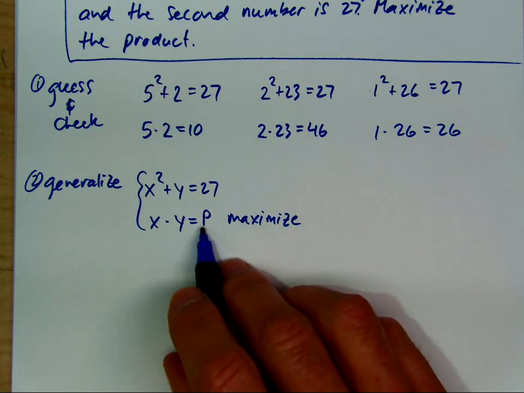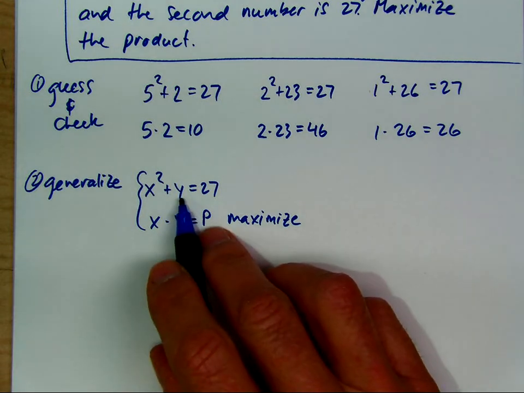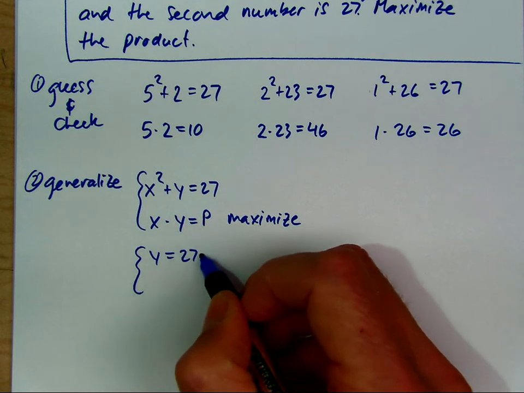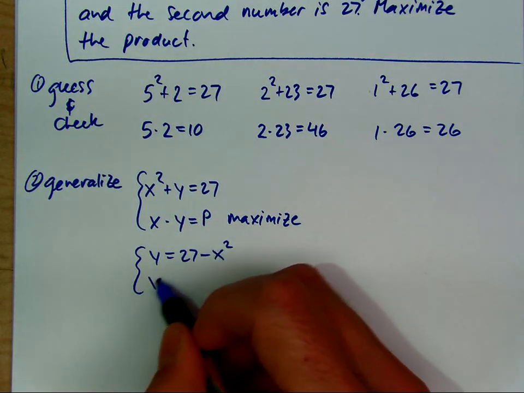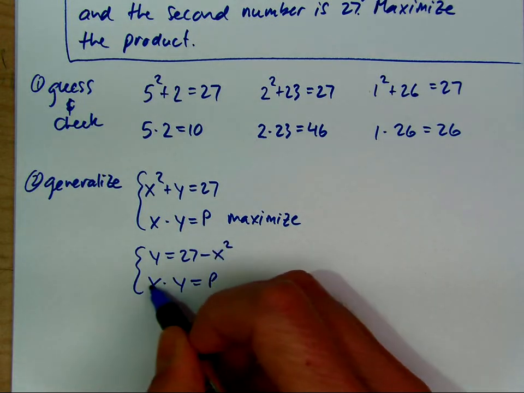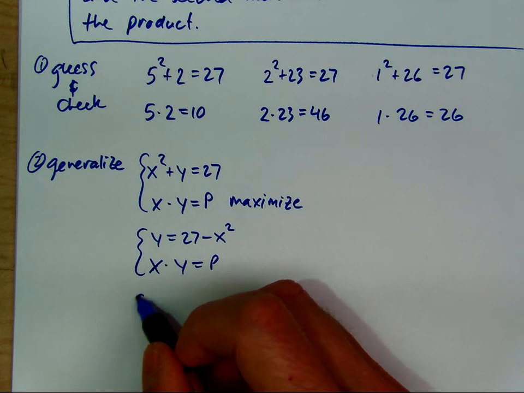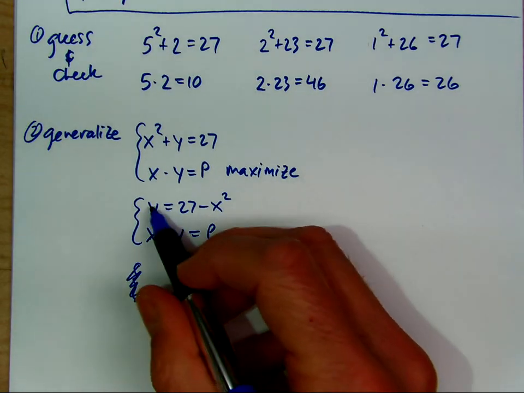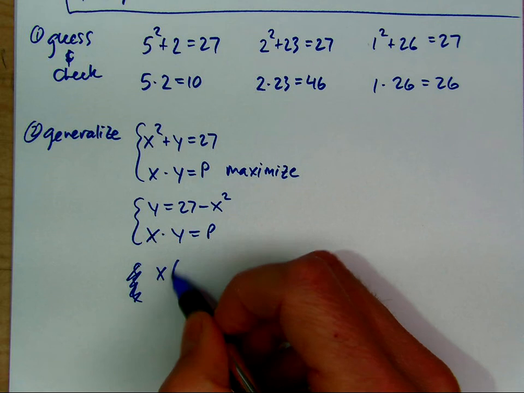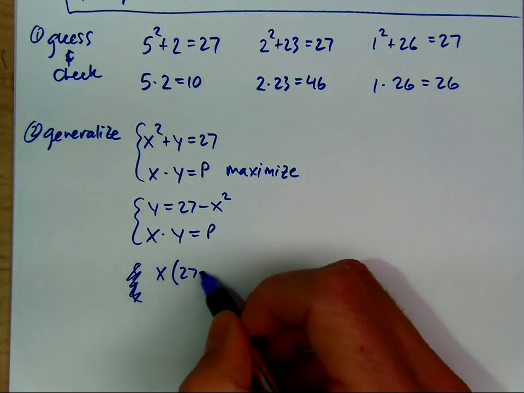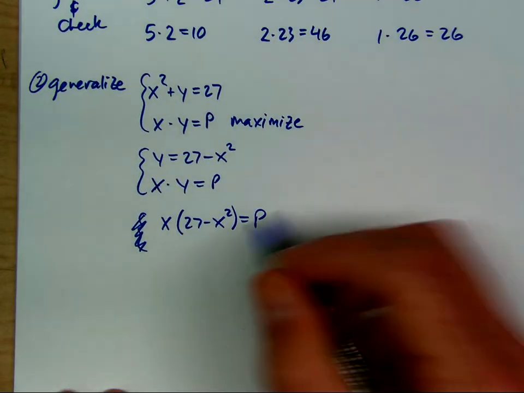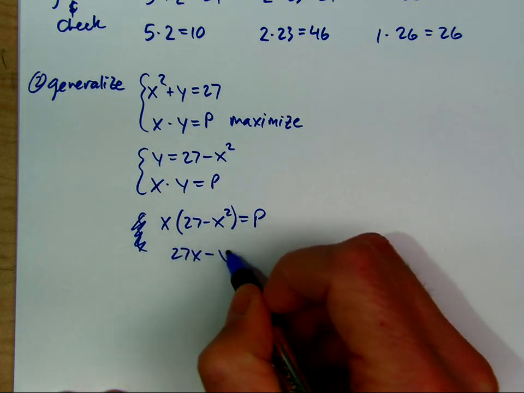Let's just solve for y, and we're going to have y equals 27 minus x squared, xy equals p, and that would give us, substituting for y, x times 27 minus x squared equals p, and we can have 27x minus x cubed equals p.